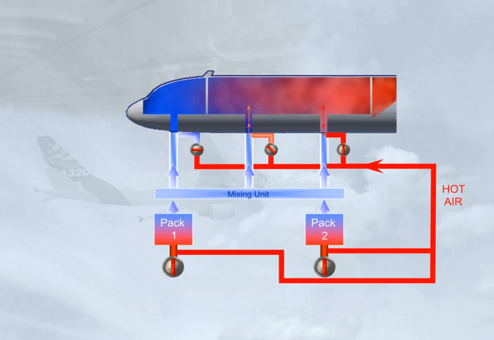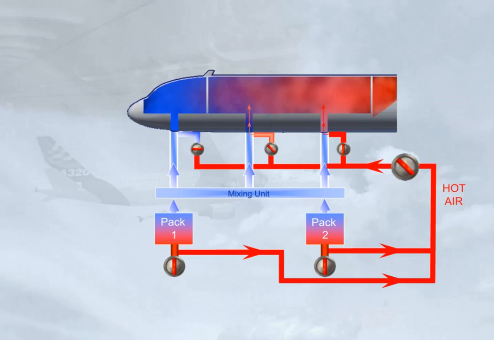The trim air valves are supplied via a hot air valve. It regulates the pressure of the hot air supplied to the trim system, and works as a shut-off valve. The hot bleed air is supplied to the hot air valve downstream of the pack flow valves. This means that if the pack flow valves are closed, there is no air supplied to the trim system.